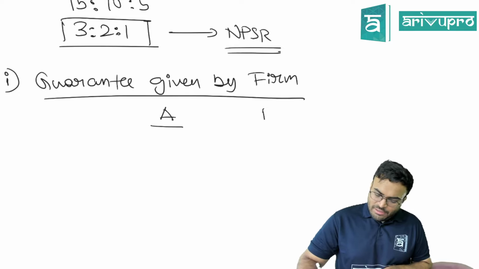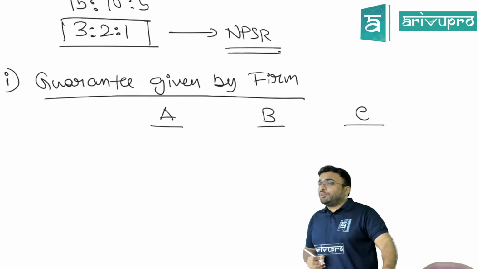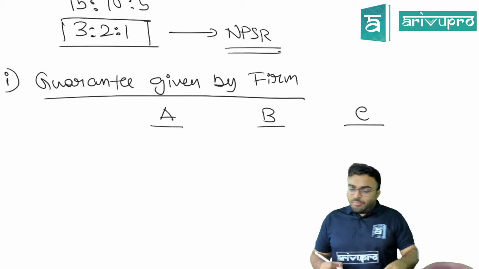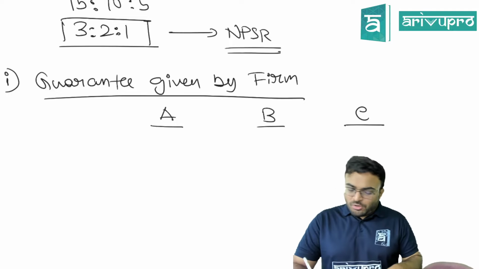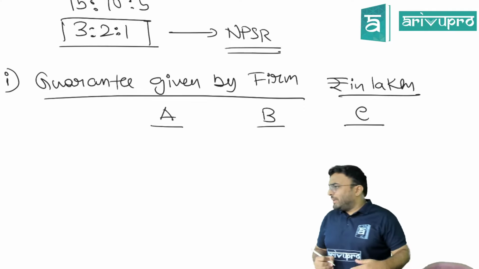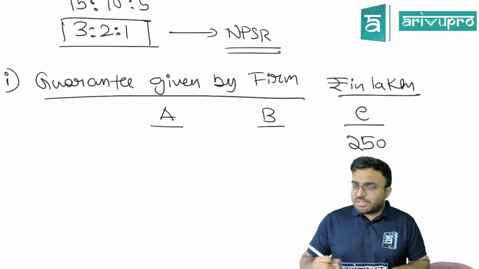A, B and C. If guarantee is given by the firm, first we will give the profit to C. Whoever we have guaranteed, first we will give it to C. I'm just taking rupees in lakhs to avoid putting so many zeros. C we are going to give 250 straight away.